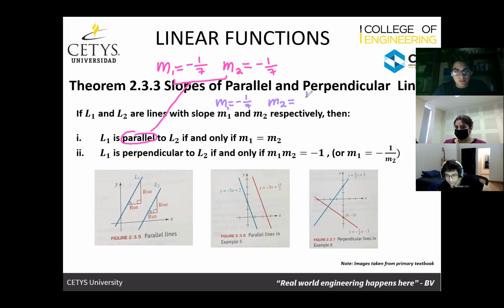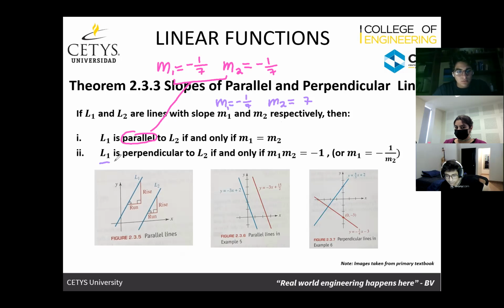This gives me 7. But what does the rule say here? L1 is perpendicular to L2 if and only if M1 times M2 equals -1, or M1 equals the negative of the reciprocal. So I'll ask you again, Arturo, what would be the slope of the second line?